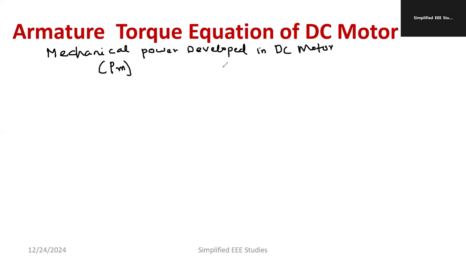Since the shape of the armature is circular, we consider the radius of the armature as R. Now the mechanical power developed PM is given by the work done divided by time.